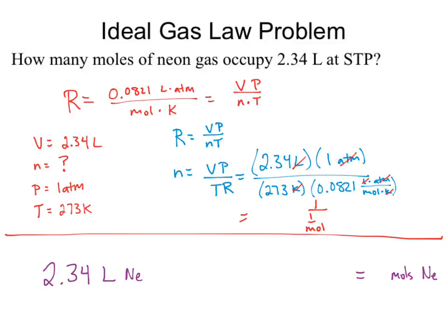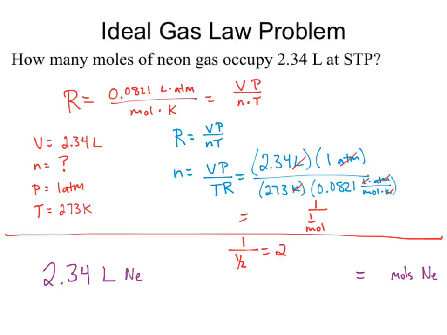Okay. Let's convert that into something that we can numerically work with a little bit better. What is 1 over 1/2? 1 divided by a half is 2.